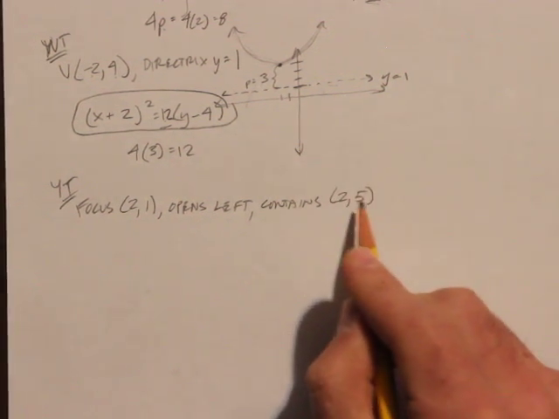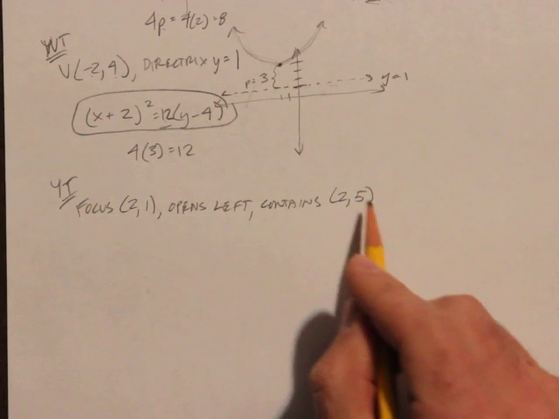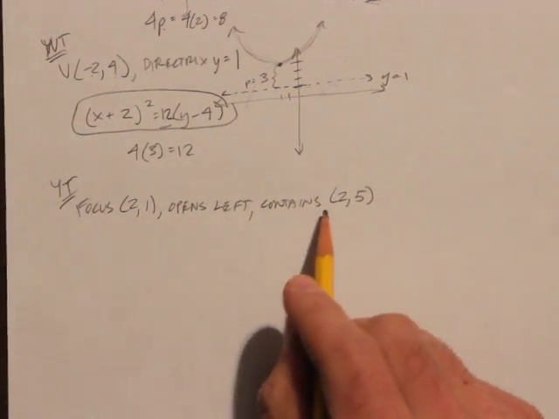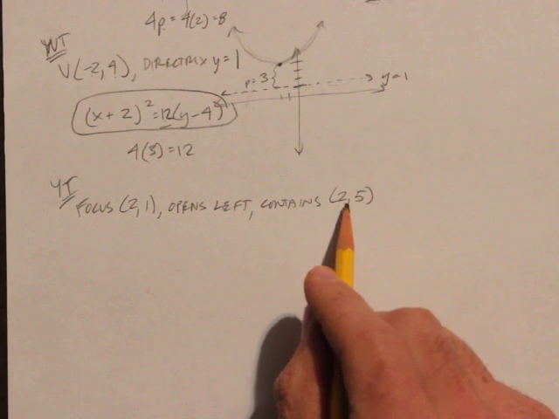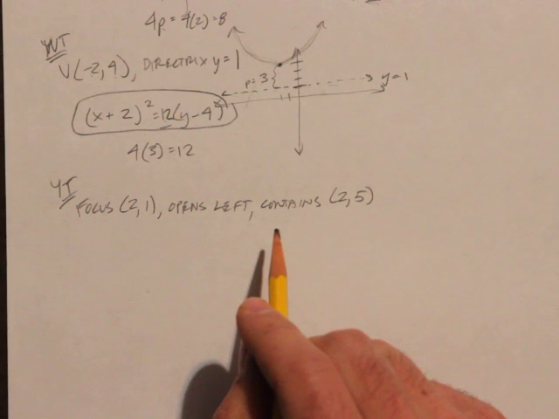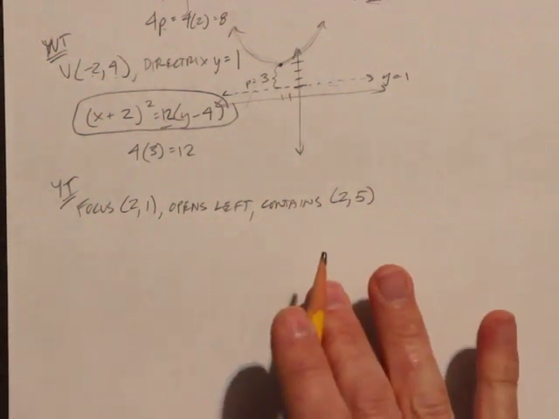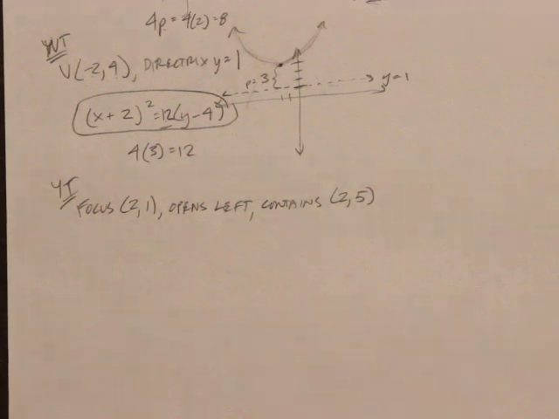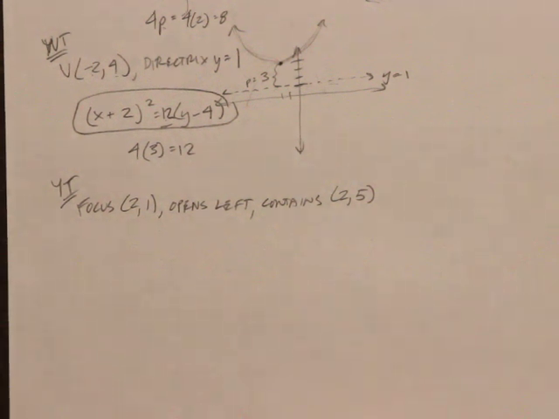So this is just a random point somewhere that is contained, not totally random, but anyway, this is a point that this parabola contains. Start by graphing this, see what we can do, and then we'll come back together and do this one together. Go.